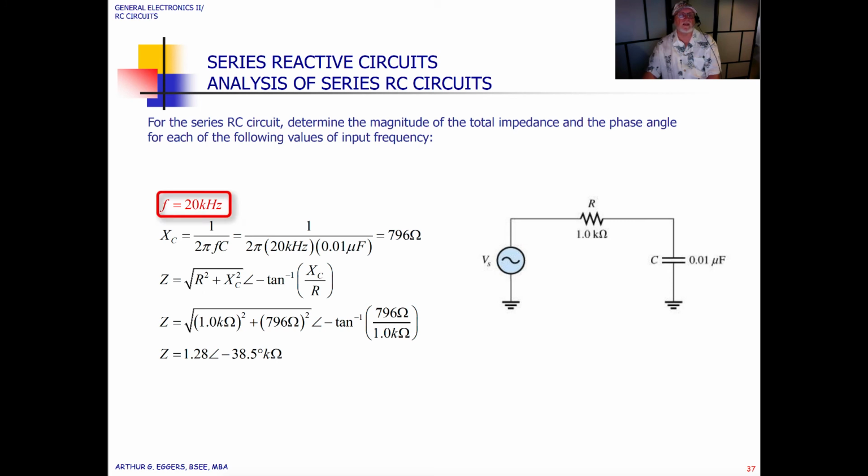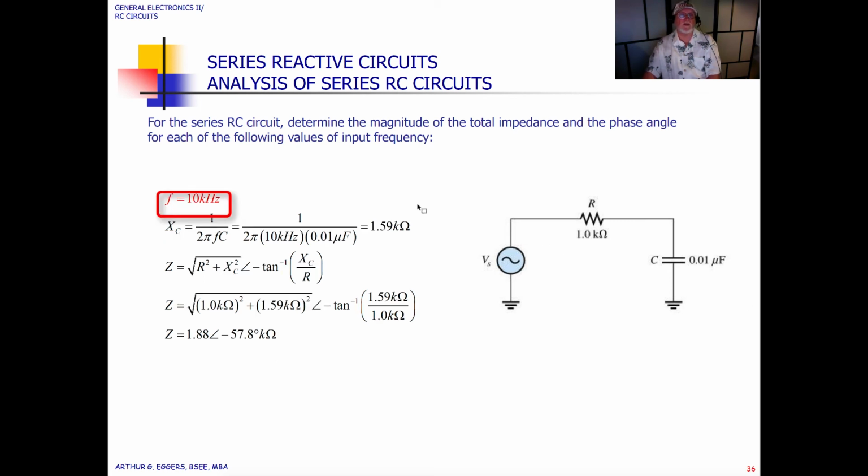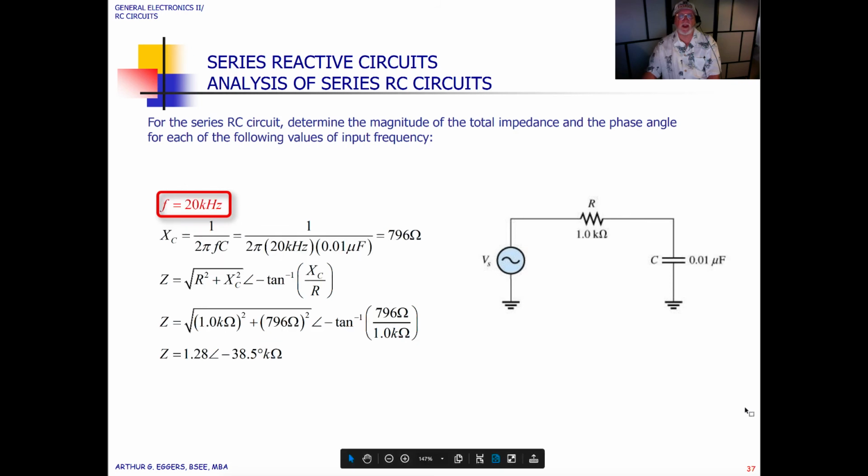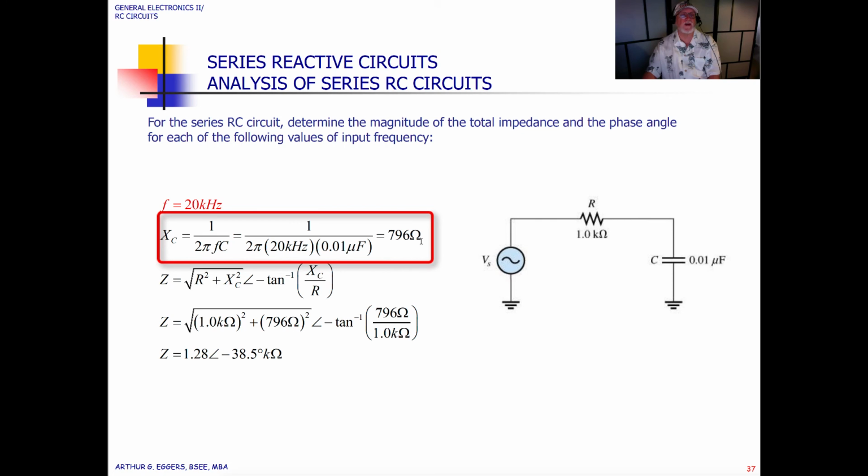Now let's double that frequency and move it to 20K. Remember these values: 1.59K for the capacitive reactance, and minus 57.8 degrees for our angle. Now at 20K, you can see that our capacitive reactance has changed from 1.59K to 796 ohms. So it's dropped almost in half.